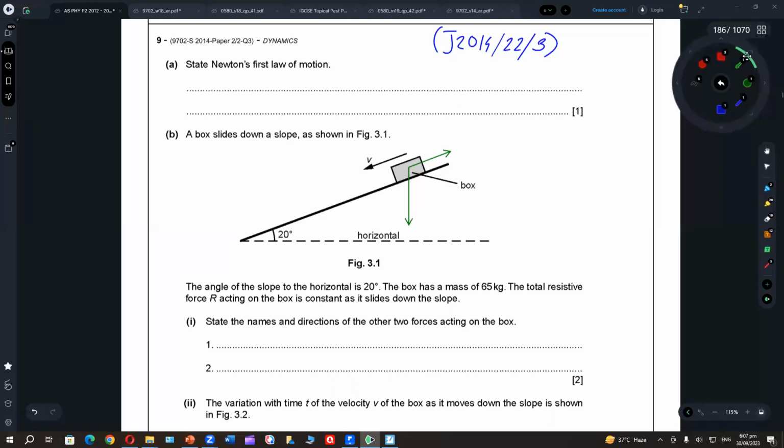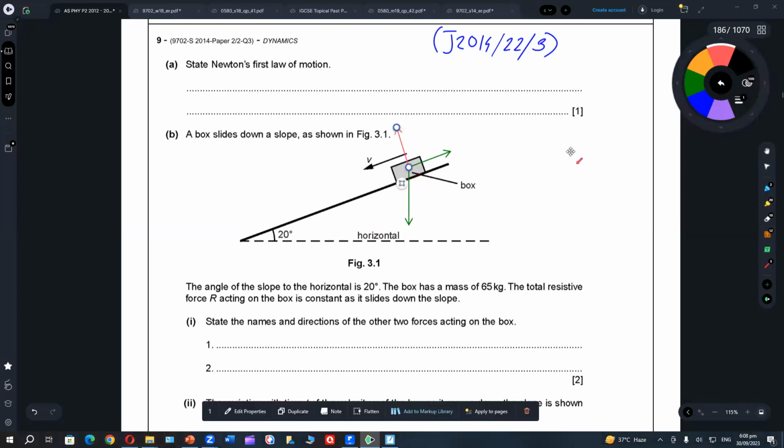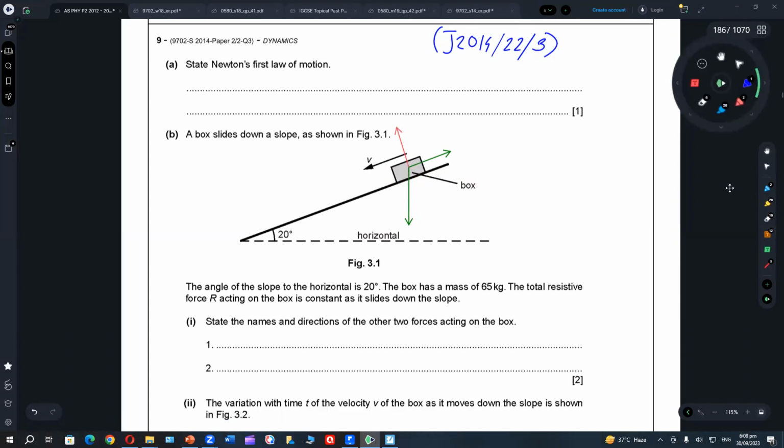reaction force. Actually, he has already used the letter R, so I'm taking a different letter.